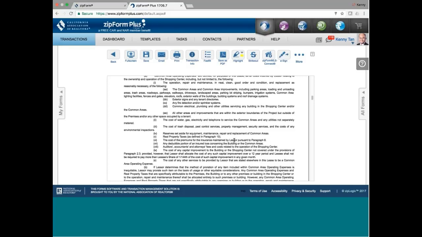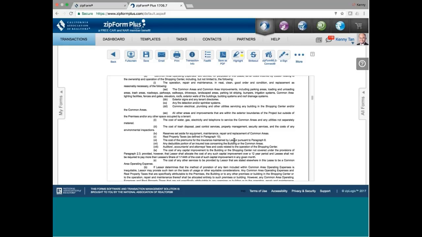Because it is a net lease and the insurance is passed to the tenant, therefore the cost of the premium for the insurance concerning the common area is an item in the common area operating expense. Deductible for insured loss within the common area, of course, that's always an item of the common area operating expense.